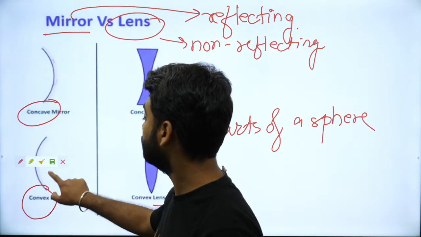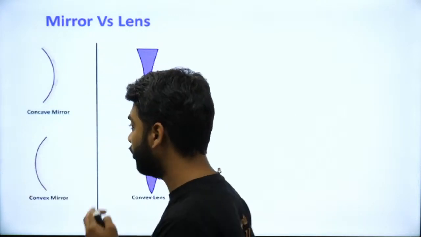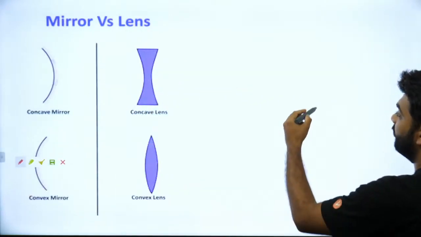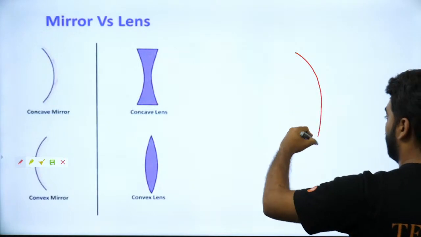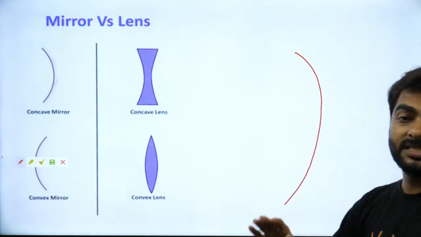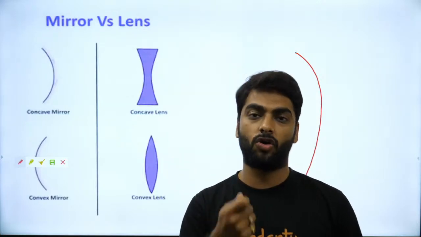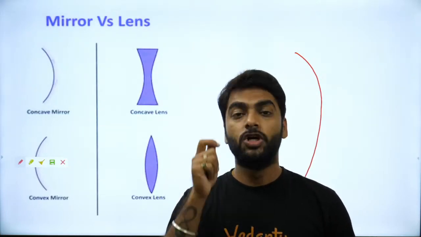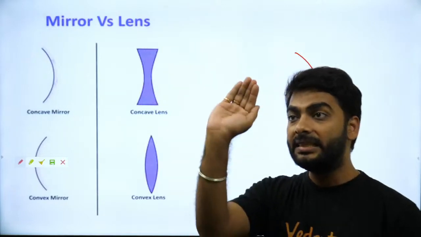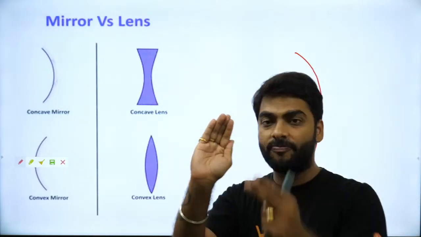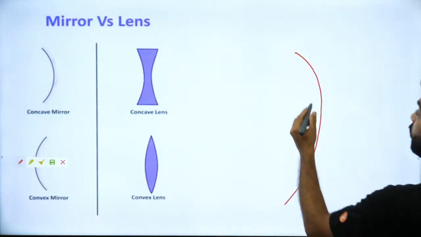Apart from that, if you talk about a concave mirror, how do you draw a concave mirror? Remember, a spoon is the perfect example of a concave or a convex mirror. The cave part is something which is going to reflect.